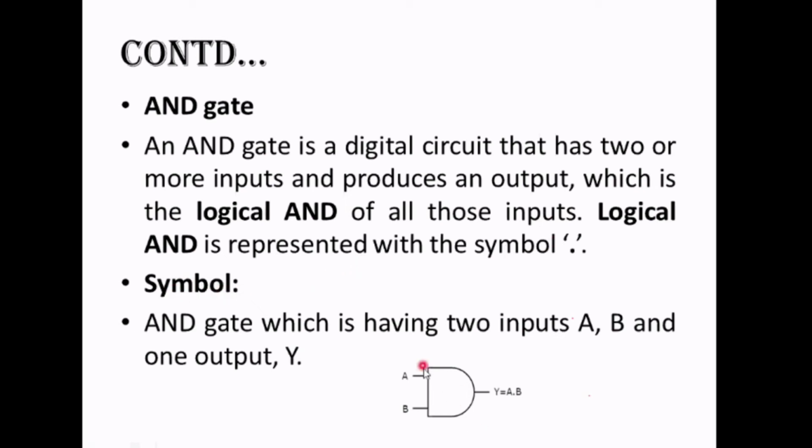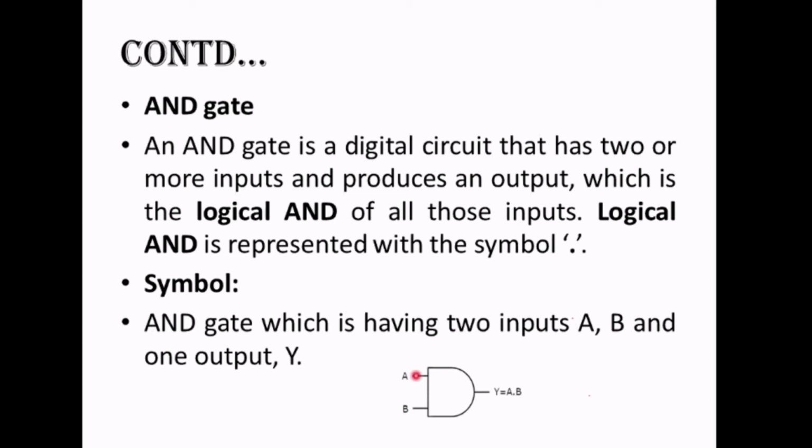Logical AND is represented by this symbol. As I said, it is a big D, similar to the capital D we write in the alphabet, but a little bit bigger than the normal D you write.